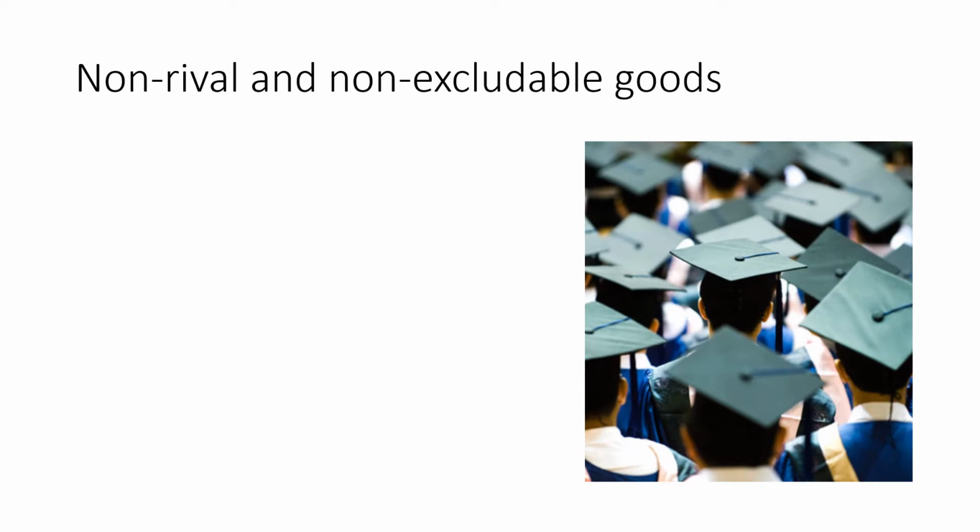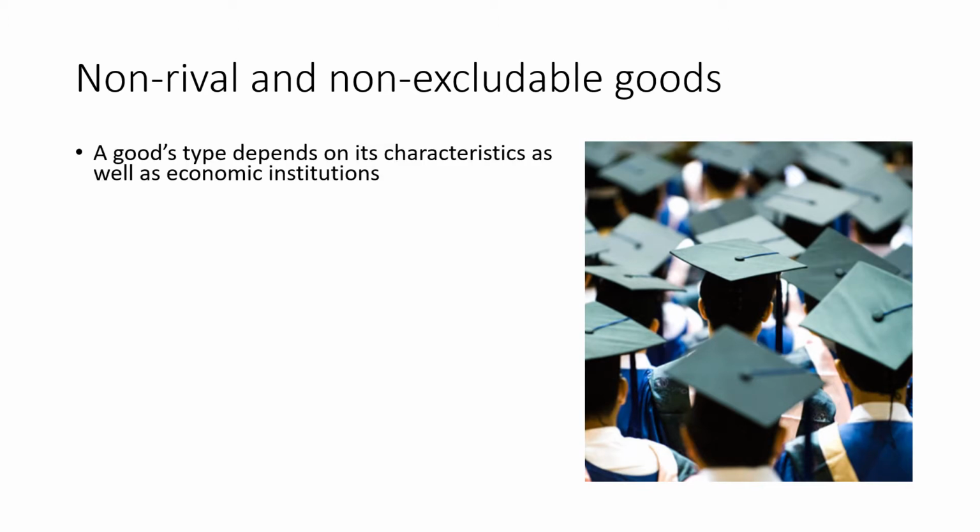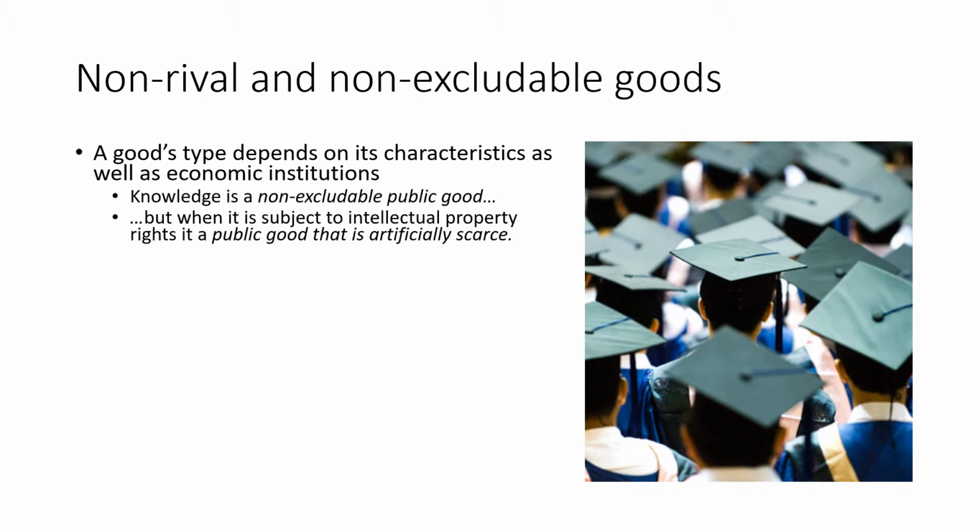A good's type depends both on its characteristics as well as economic institutions. For example, knowledge is a non-excludable public good. However, when it is subject to intellectual property rights, it is being made into a public good that is artificially scarce. A common pasture is a common pool resource.